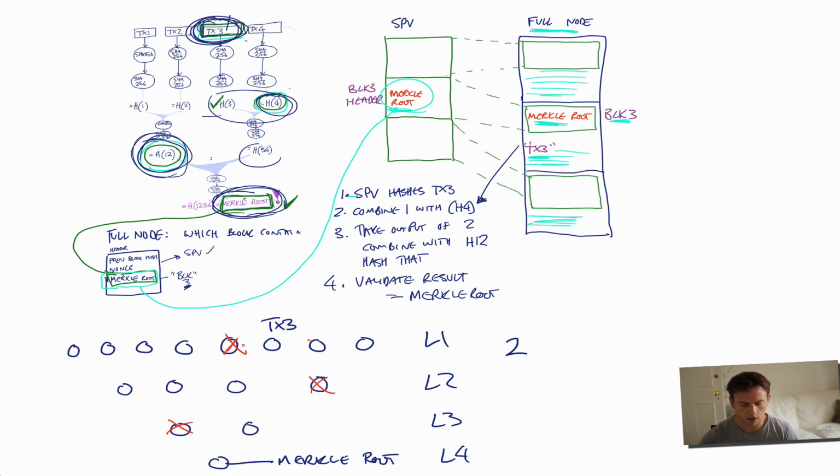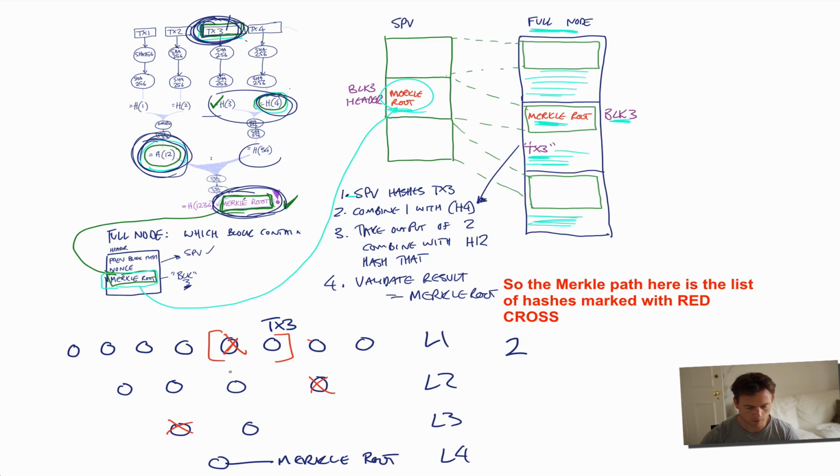So the Merkle path to find transaction 3 is basically like this, right? Because these two are paired together, we need to know this one in order to know what we combine with this one.